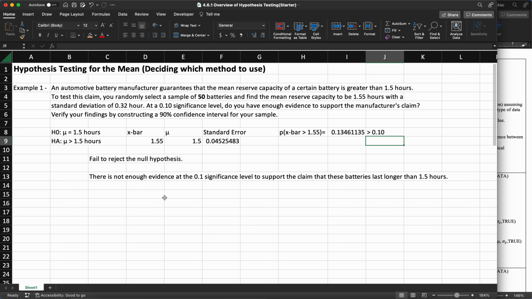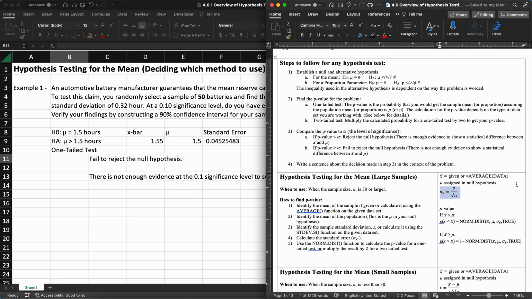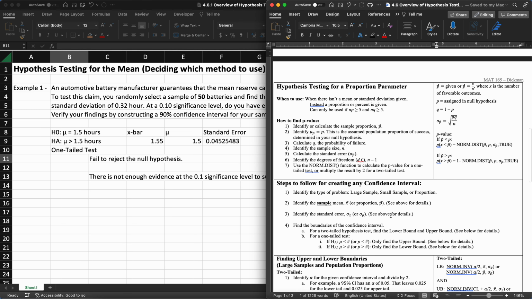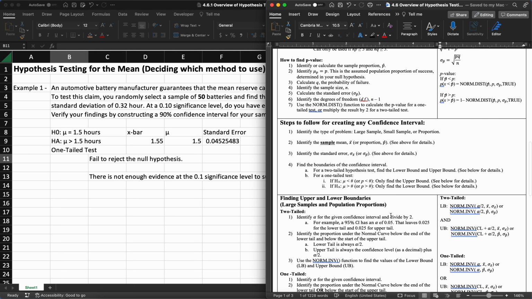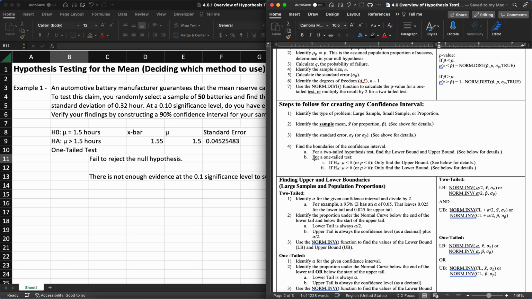All right, so now we're going to verify these findings by constructing a 90% confidence interval. Now remember, this is a one-tailed test because we're just doing greater than. And it says right here, if we're just doing greater than and we're looking for the confidence interval, if we're just doing that mu is greater than a number, we're only going to find the lower bound here.